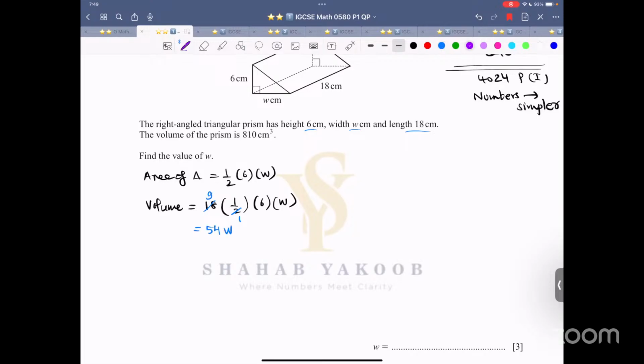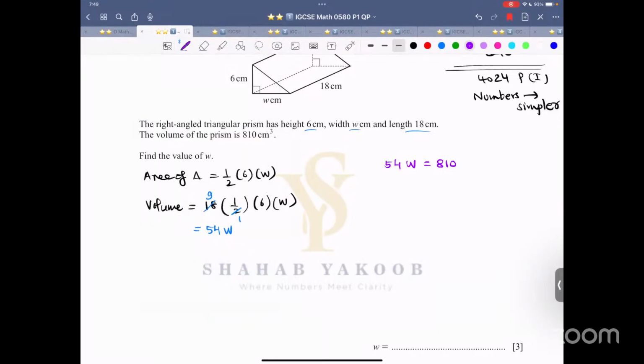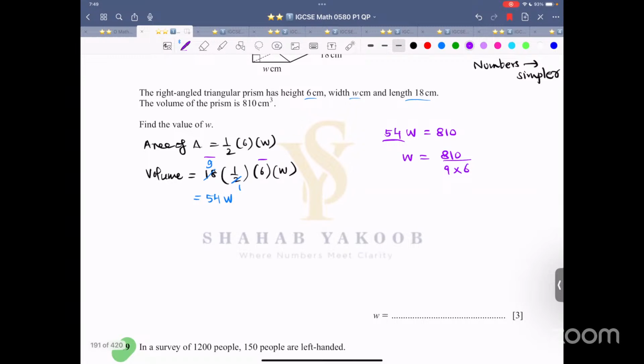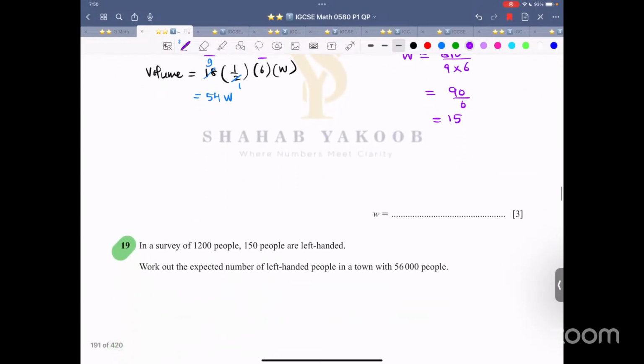So therefore, 54W is 810. W is 810 over 54. Let me break up 54 into 9 and 6. I think it is reducible. 9 nines are 81, so this is 90 over 6. 90 over 6 is 15. So I made this paper 2 question into a paper 1 question. So therefore, W comes out to be 15.